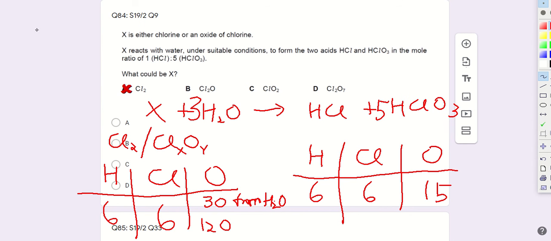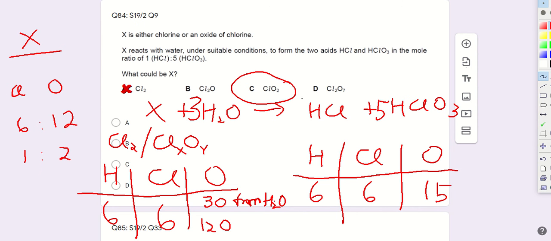That means the ratio is 1 to 2. Which formula gives you a ratio of Cl to O of 1 to 2? This is 2 to 1. This is 1 to 2. This one is 2 to 7. So X is C.